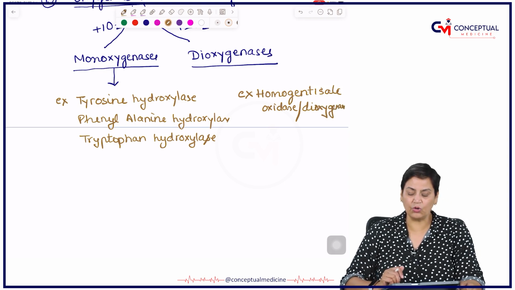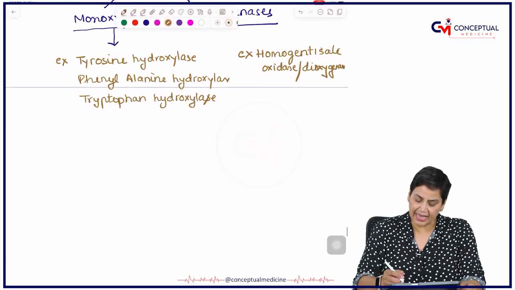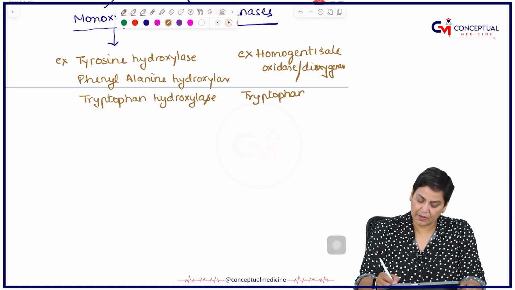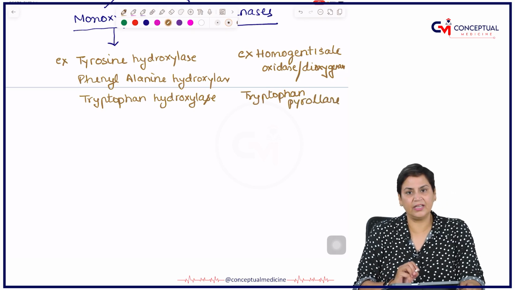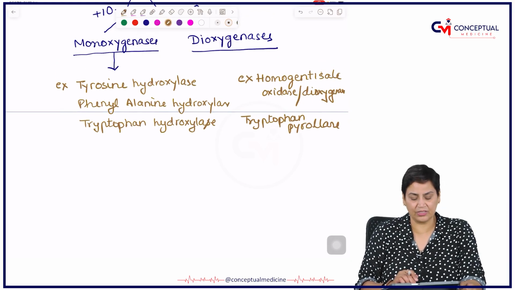So always remember homogentisate oxidase, the other name of this is dioxygenase, and the second example is tryptophan pyrrolase. Again, dioxygenase. So these are the examples of monooxygenases and dioxygenases.